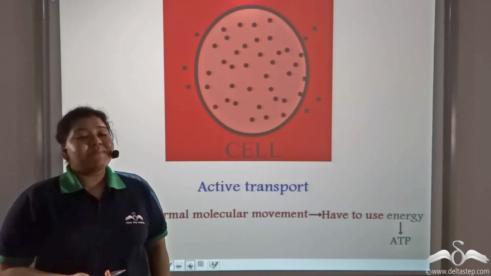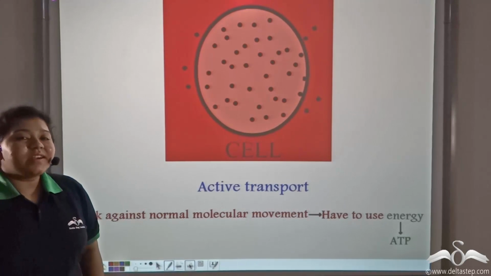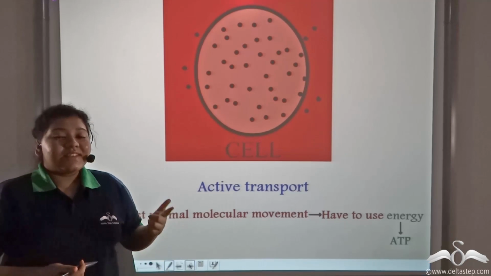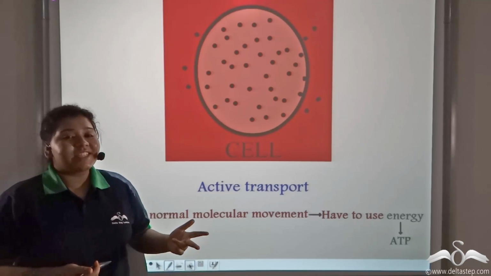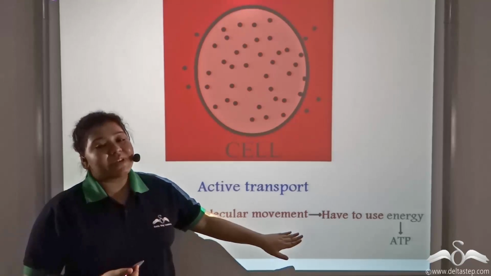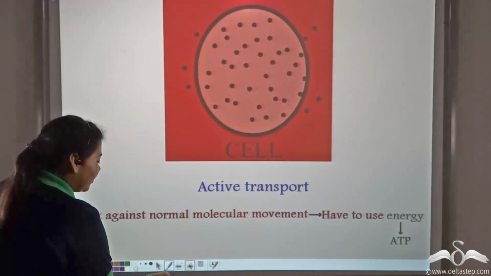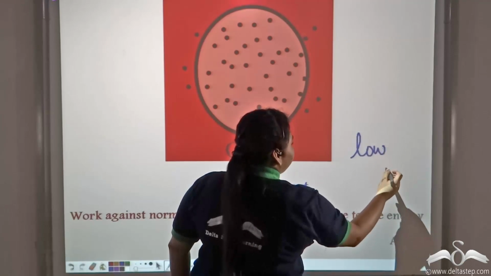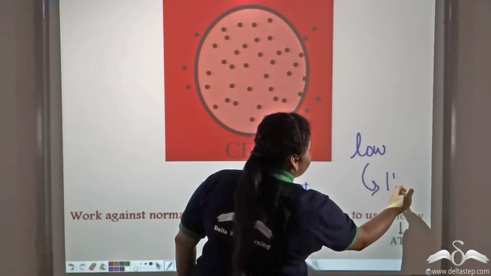But at times, cells need to take up nutrients such as calcium, sodium, and potassium against the normal molecular movement. That is, from a region of low concentration to a region of high concentration.